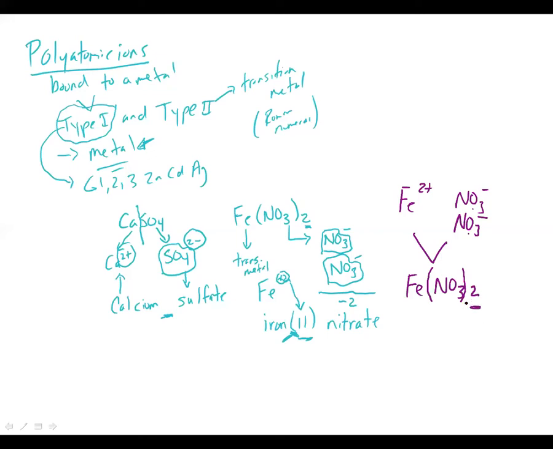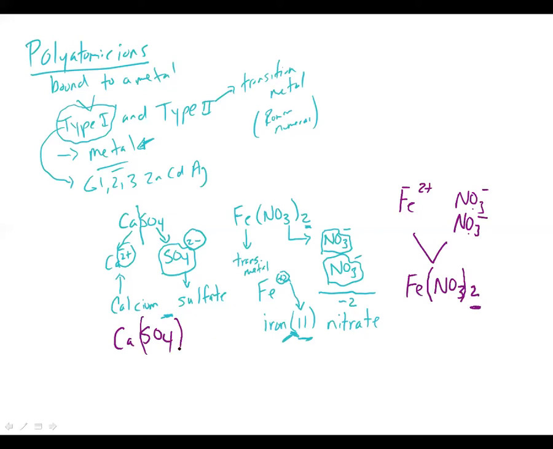And so whenever you write the formula for something that involves more than one polyatomic ion, that's when you have to put the parentheses around it and that little number on the bottom to indicate how many you have. If you just have one, like we did over here on this side where we had the calcium sulfate, the parentheses are not needed because it's just one, so it implies there's just one of those units.